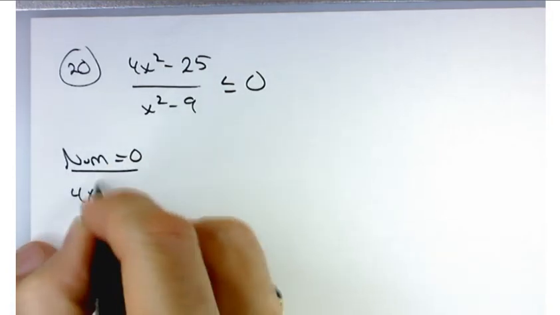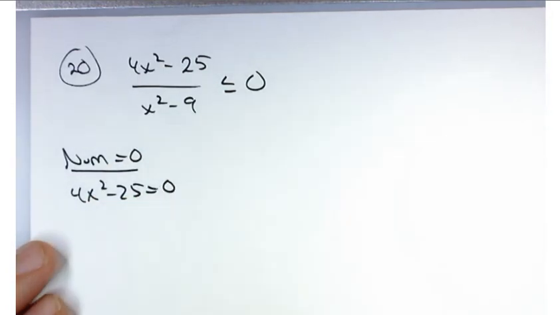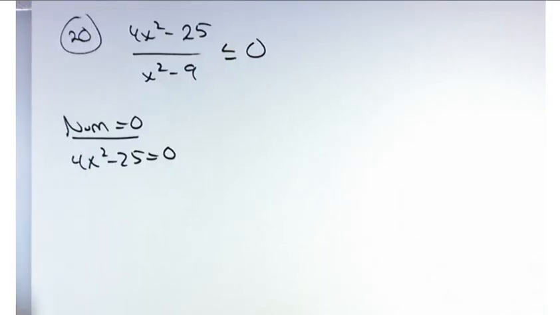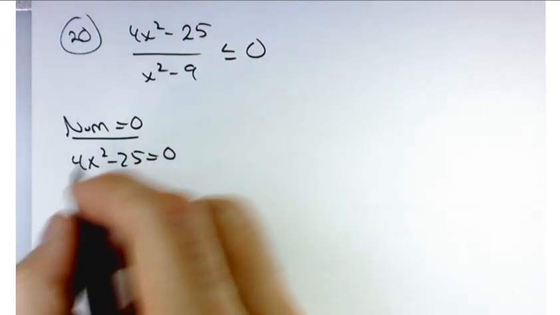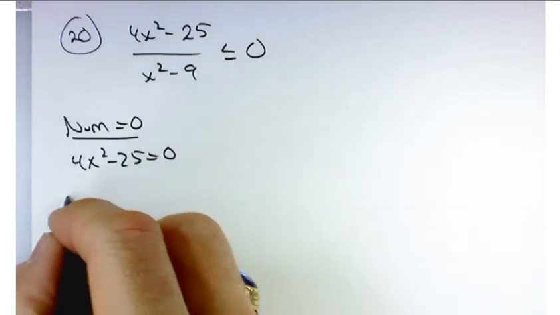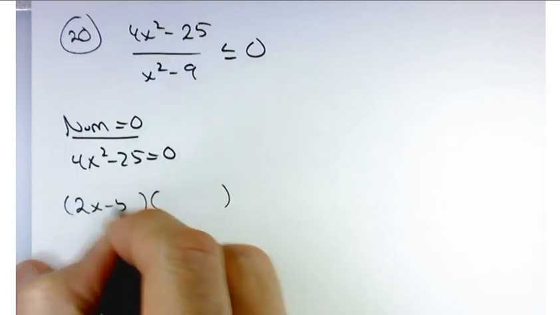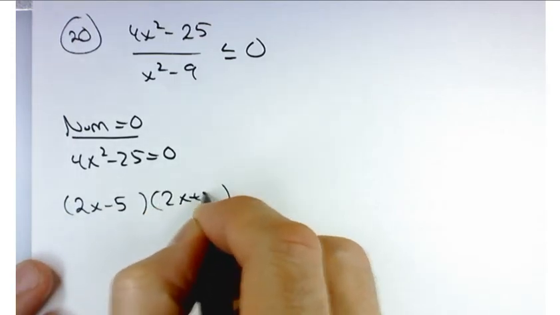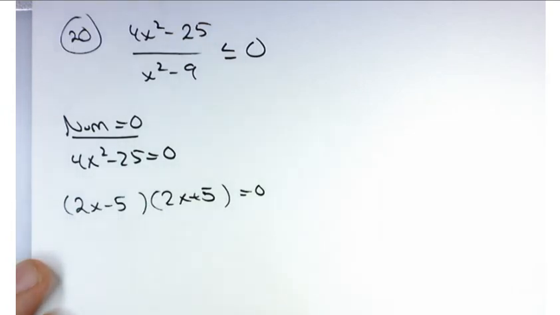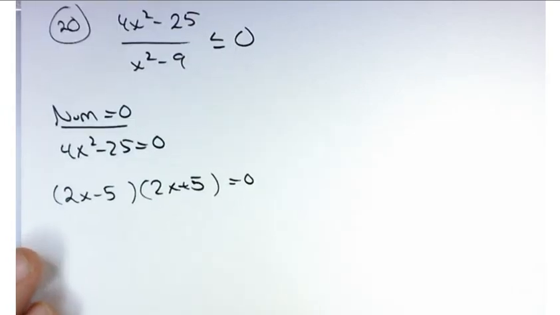So 4x squared minus 25 equals 0. Probably a couple ways to do that. I'll illustrate them both here. So one way to do this is to factor it. That's 2x minus 5 times 2x plus 5 equals 0. It's just the difference of squares.